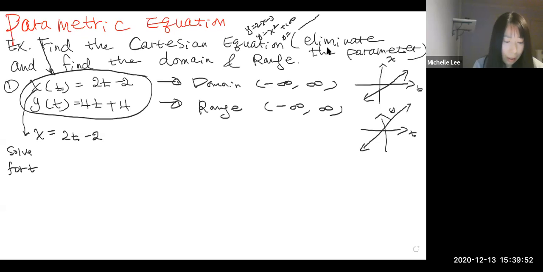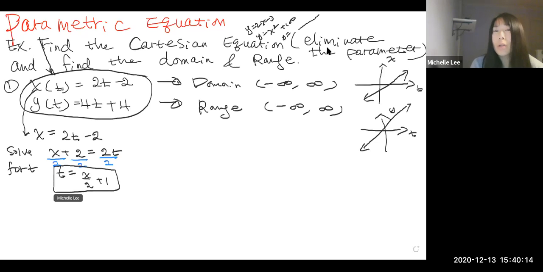So then we get x plus 2 equal to 2t, and t equal to, we divide every term by 2, x over 2 plus 1, okay?